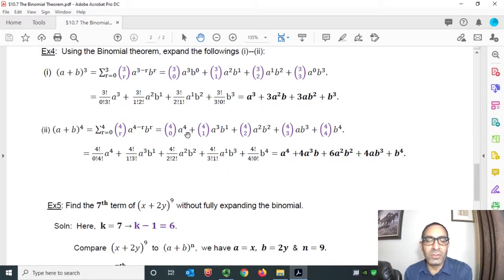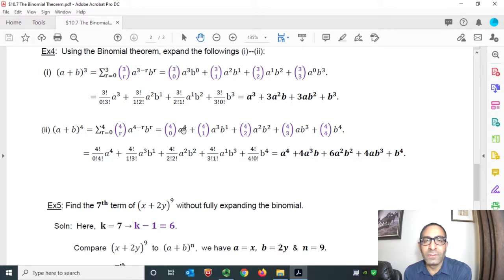Since b raised to the power 0 is 1, so I wrote a raised to the power 4, which is a4 here, plus the second binomial coefficient is 4 choose 1 times a raised to the power 3 times b raised to the power 1.